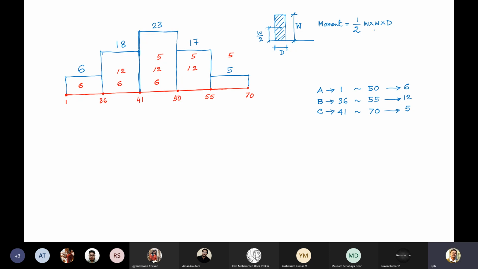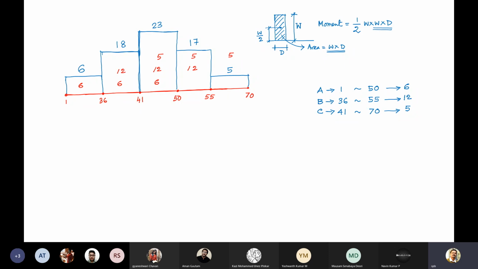The area is the number of duration into the manpower.